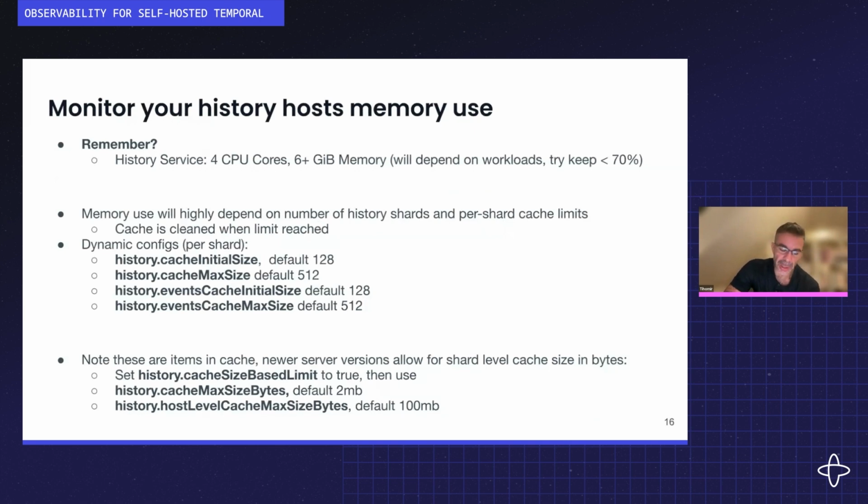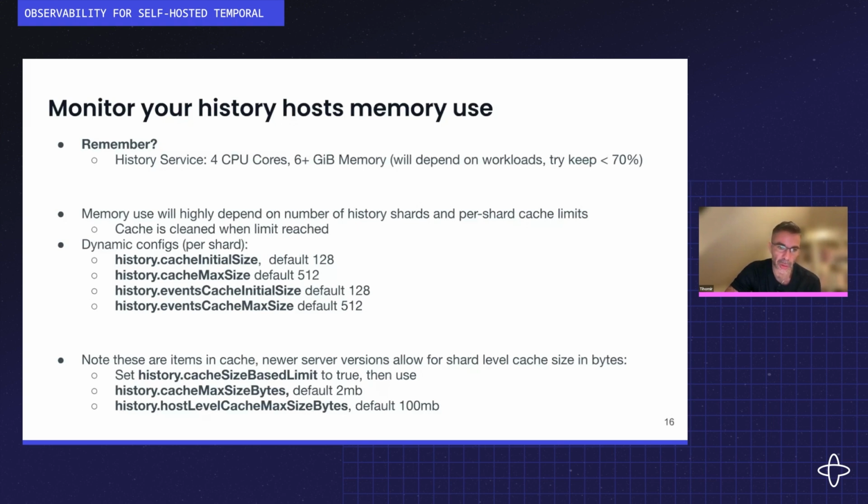And there are a couple of dynamic configs. We used to have only per-shard dynamic configs called cache initial size, max size, and event cache initial size and max size, which really were the number of items in the cache. And it was sometimes harder to estimate the memory use given the types of workloads that you're running on your cluster. With the newer versions, we now have a history cache size based limit.